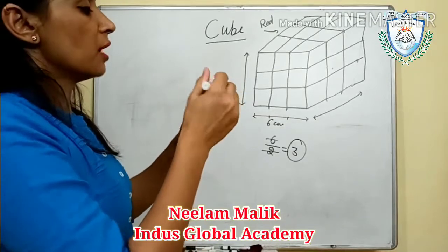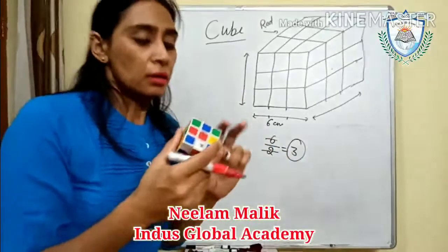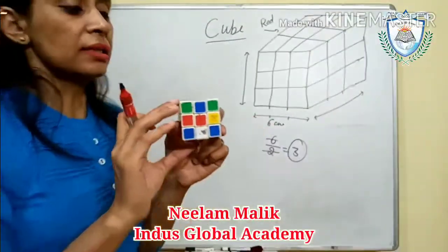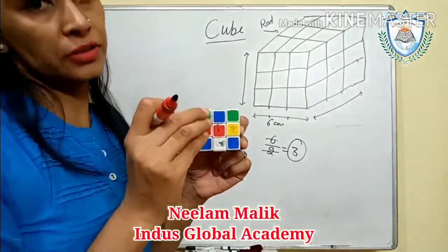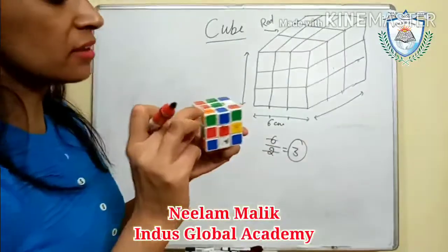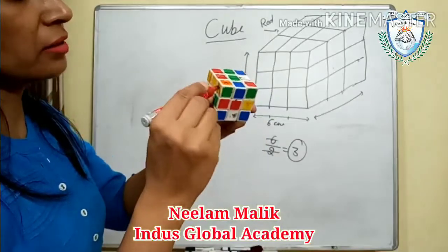Now we have to tell how many small cubes there are that have three colored surfaces, that have 3 colored sides. So at the corner, this is your corner point.